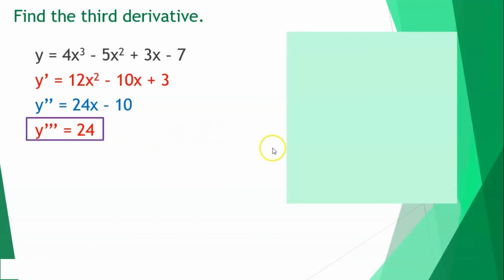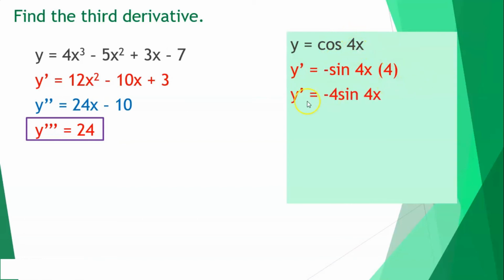Okay, another. y is equal to cosine 4x. To get the first derivative, the derivative of cosine is negative sine 4x, and the derivative of the angle, which is 4. Or that could be negative 4 sine 4x. Now, to get the second derivative, that would be negative 4, and the derivative of sine is cosine. Copy 4x, and the derivative of 4x is 4.